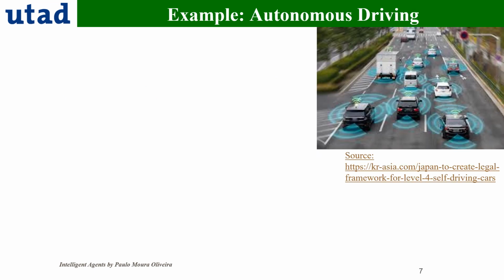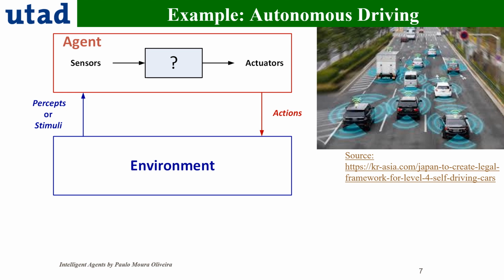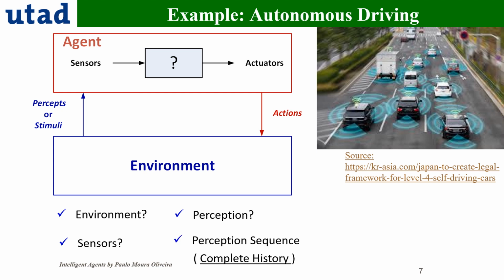A good example of an agent is the autonomous driving that you can see here. The cars have a lot of sensors and actuators. It is important to identify several characteristics: which is the environment, which are the sensors used, which is the perception and the perception sequence, what is the agent function, and what are the actuators.